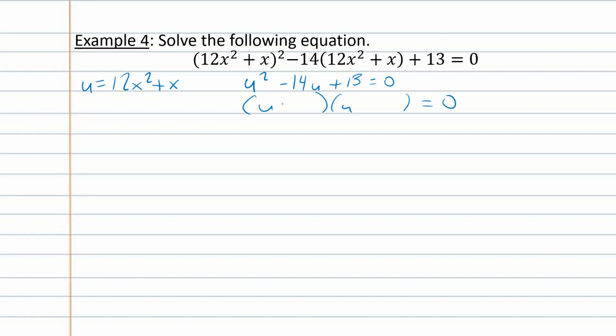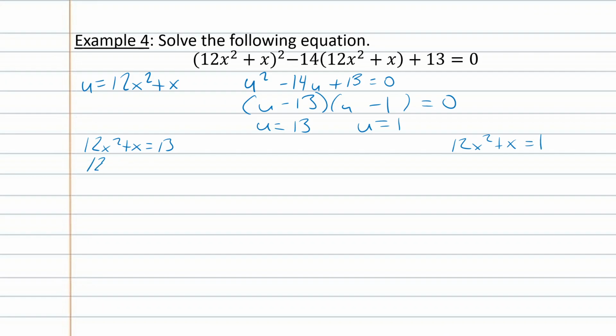This should factor into -13 and -1, so that we can get that U equals 13 and U equals 1, which means we can go directly into our substitution here. 12x squared plus x equals 13, and 12x squared plus x equals 1.